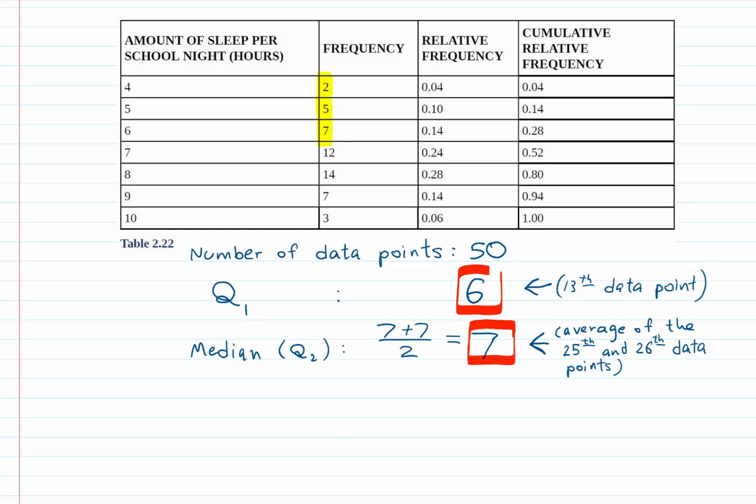That's our first quartile. Let's find the third quartile. How many data points are after the median? The median is between the 25th and 26th data point. So there's 25 data points after the median. 25 is an odd number, so the median of those 25 lands on the 13th one. So for the third quartile, we go to the first 25 data points and then 13 more, which is the 38th data point.